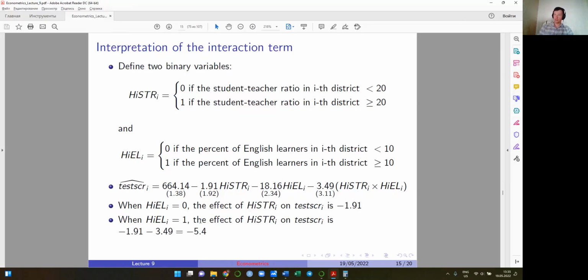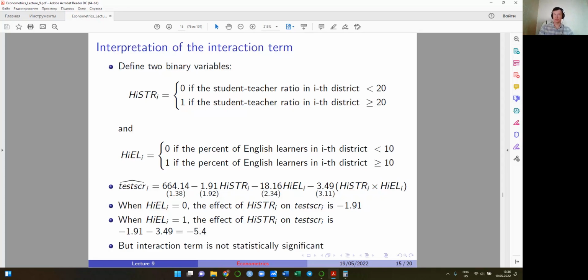For districts with a higher fraction of English learners, high EL is 1, the change from large class to small class changes the test score by 5.4. So this is a nonlinear effect. The effect of class size depends on the level of the other variable. This effect depends on the percentage of English learner students.